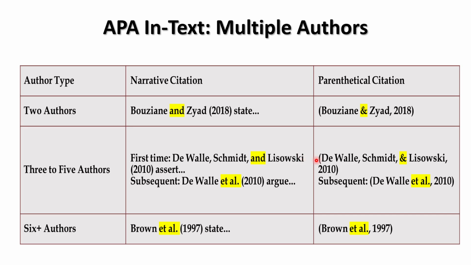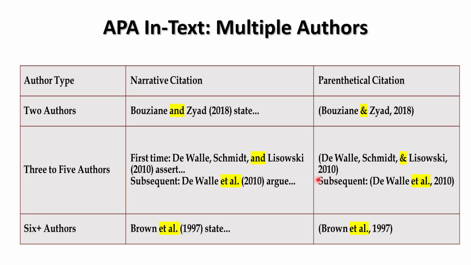Here we have the same thing, including the three names the first time, and the same as with two authors, we have the ampersand instead of and. So you have to use the ampersand before listing the last name, the third, the fourth, or the fifth author, in parenthetical citation.